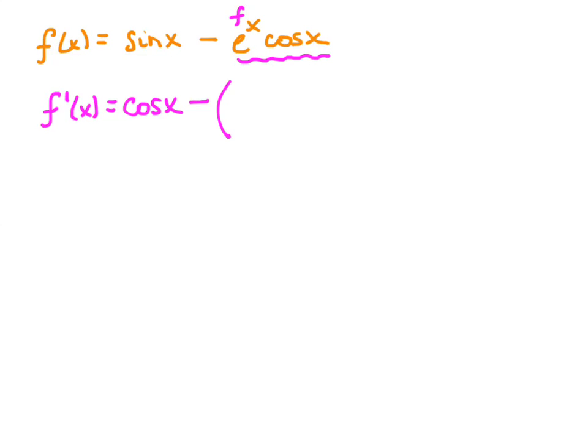E to the x is my f, cosine x is the g, and the product rule is f prime g plus g prime f. So f prime, the derivative of e to the x, is just e to the x, times g, which is cosine x, plus g prime, which is negative sine x, times f, which is e to the x.